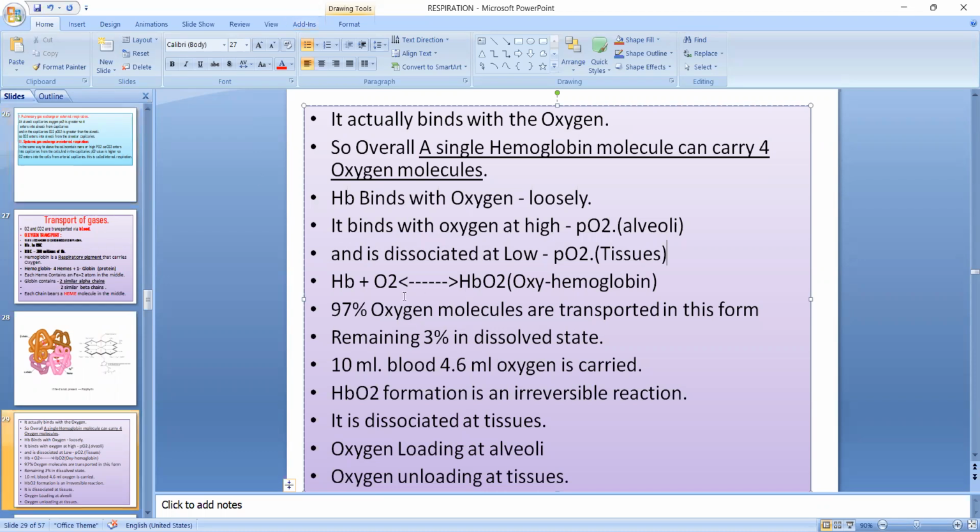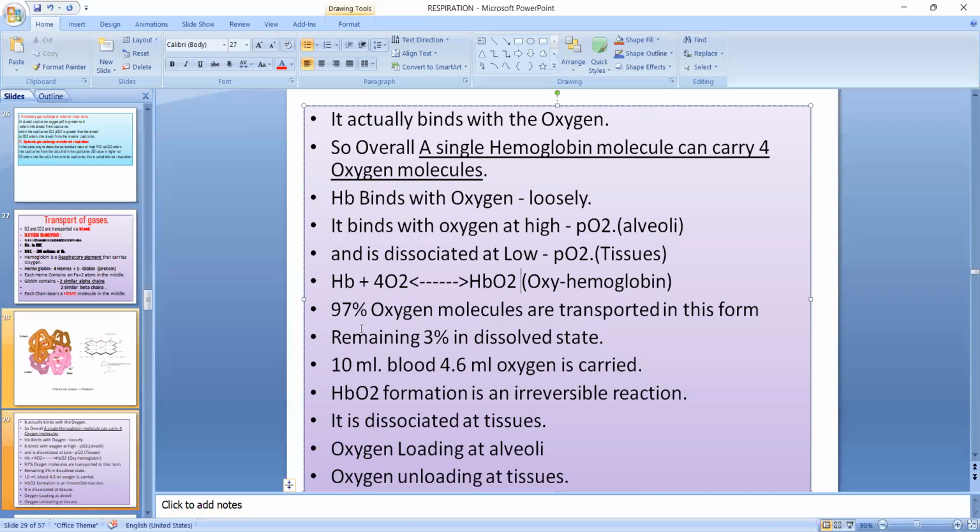So this is the general reaction. Actually, we can write it like this: Hb4O2. But it became common practice to write HbO2, commonly known as HbO2.